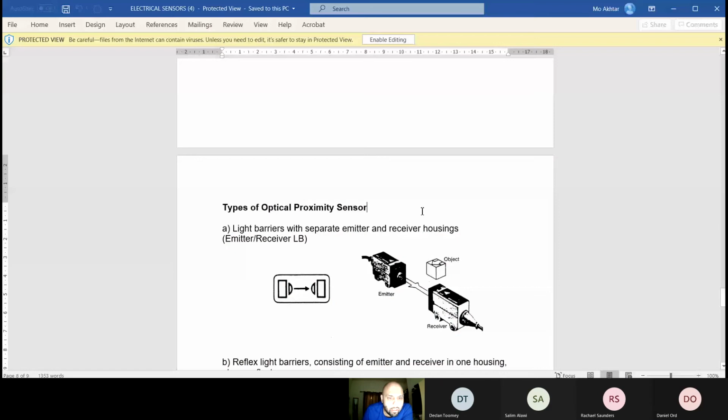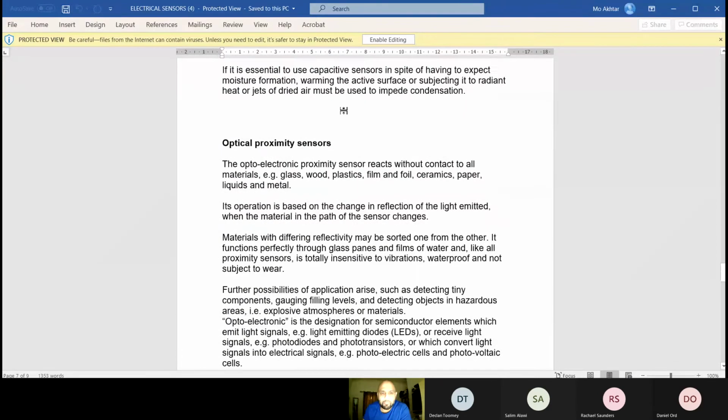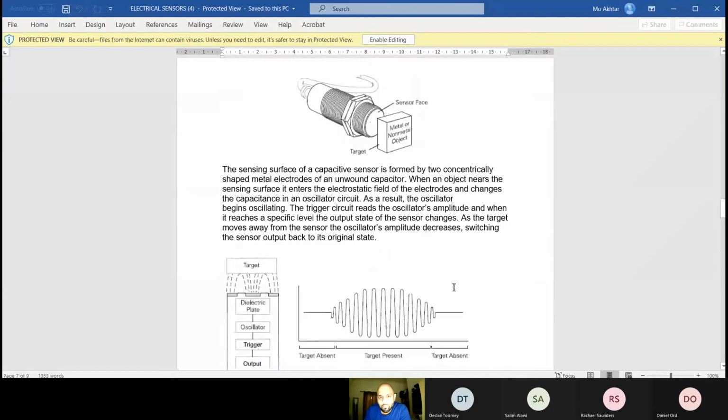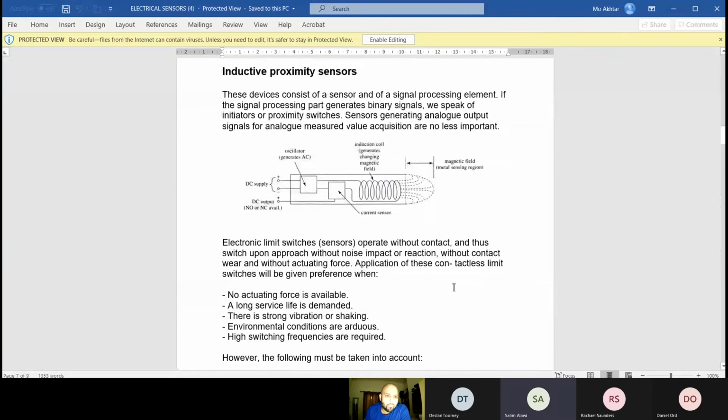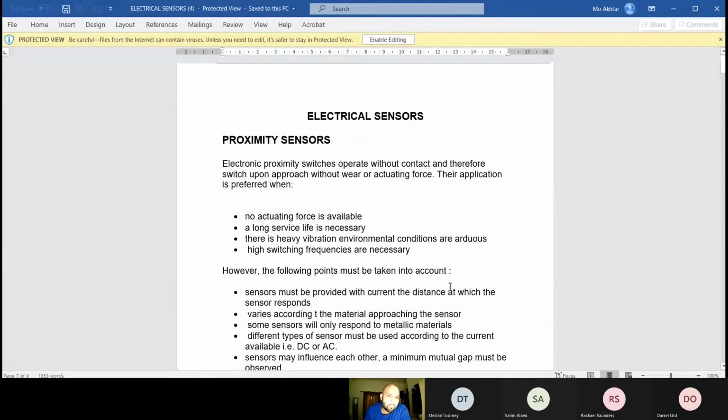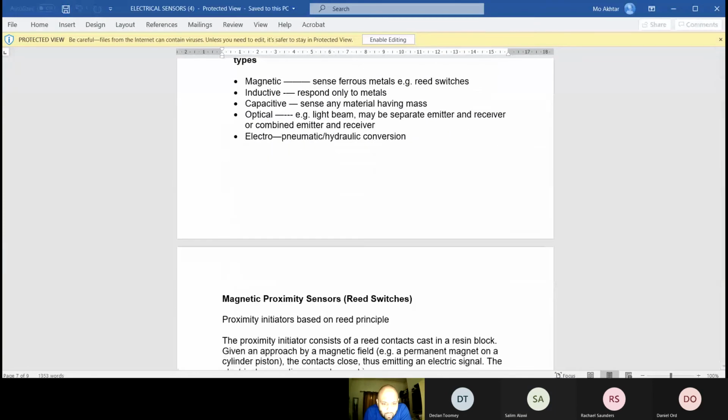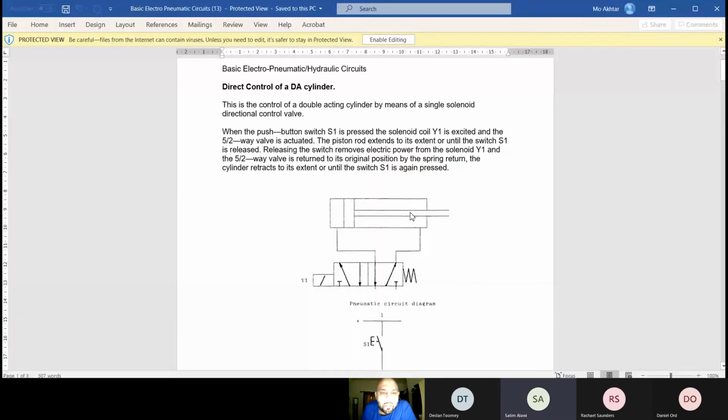One second, I'll do it again. No, that's the wrong page. Sorry, it's the wrong page. Just bear with me, okay? I'm not sure if you can see this page. I'm going to put this on Teams.